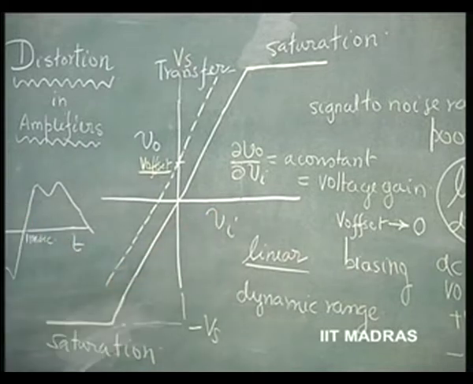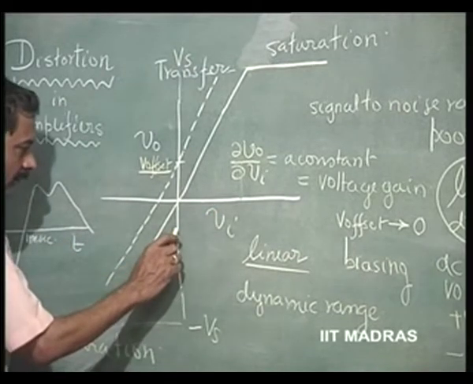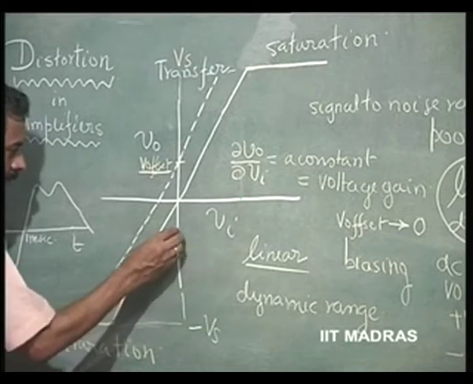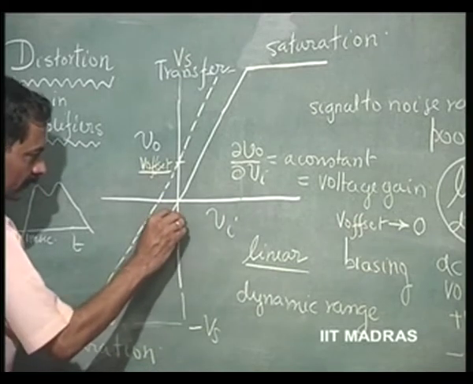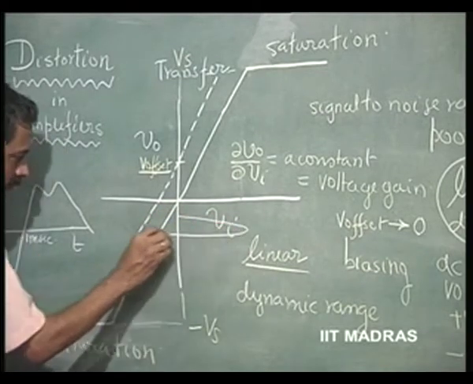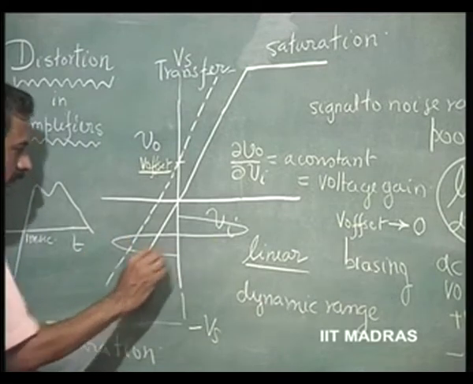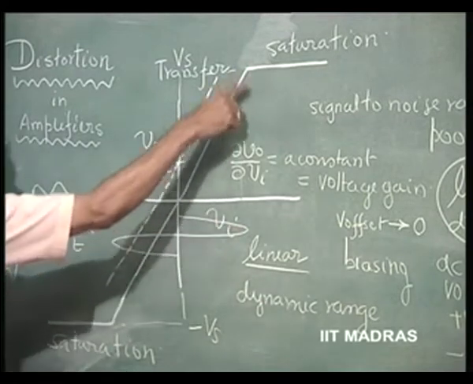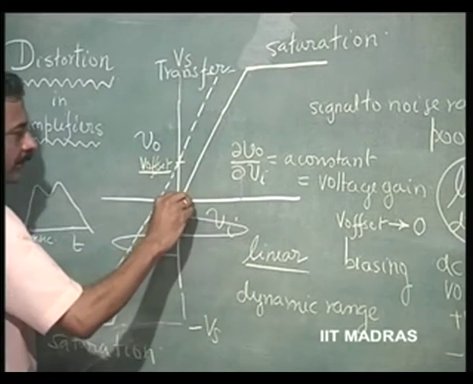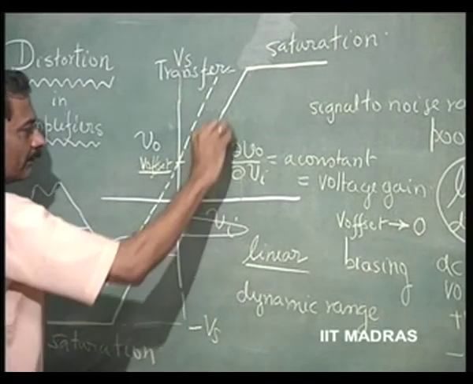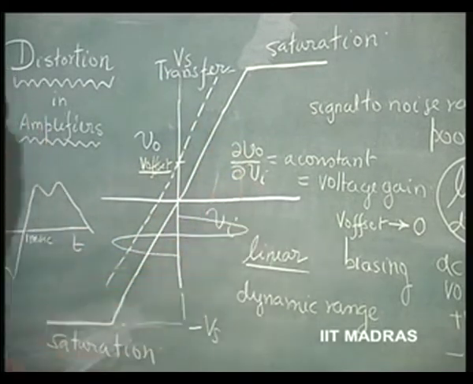So, suppose I apply a sine wave here as the input. This sine wave, as long as it is within this, is going to be reproduced exactly at the output, no problem, okay, as a sine wave.